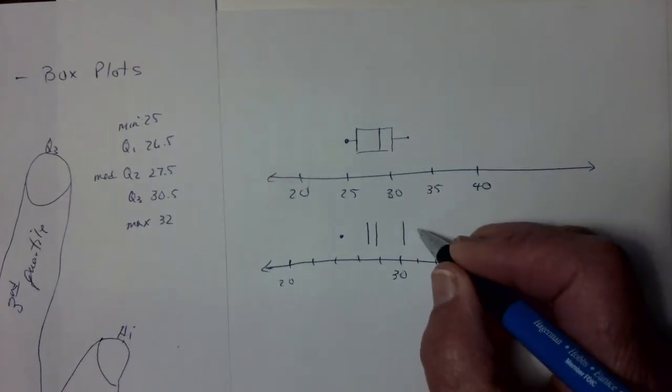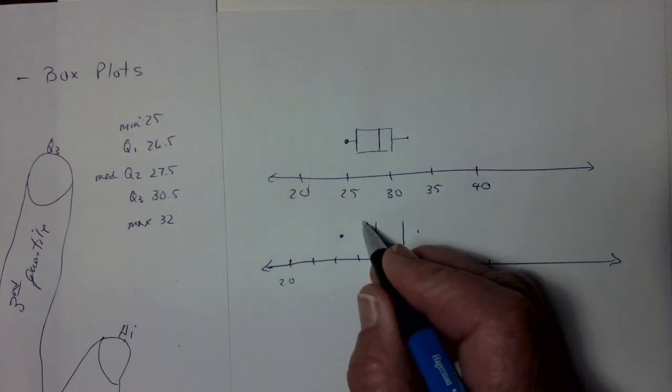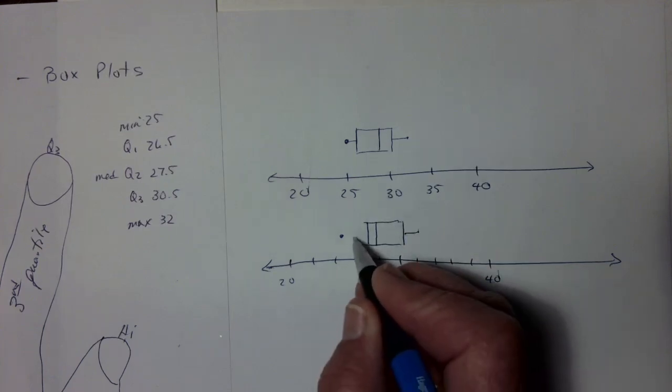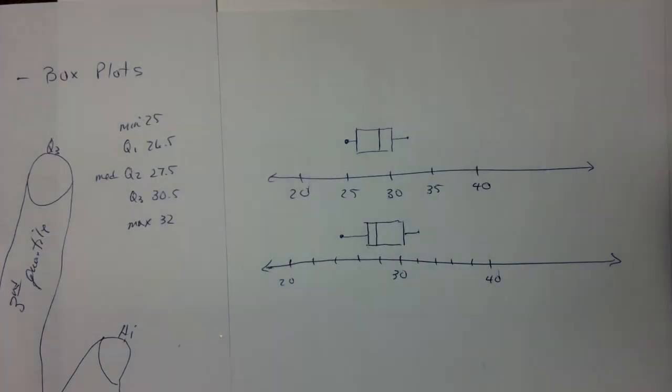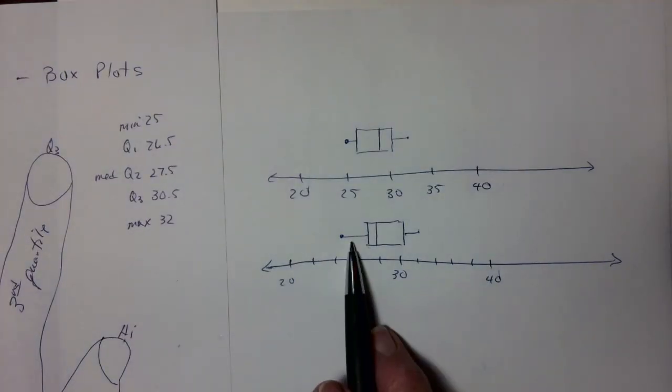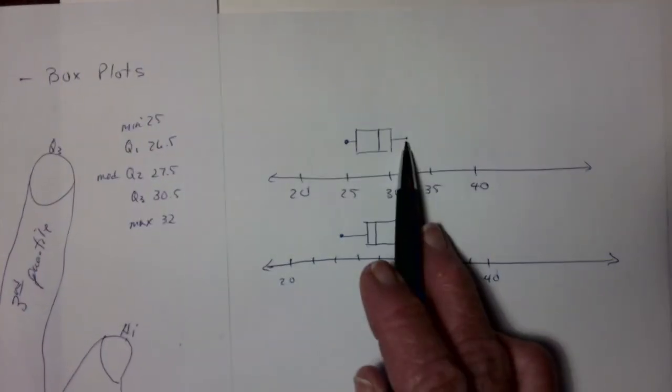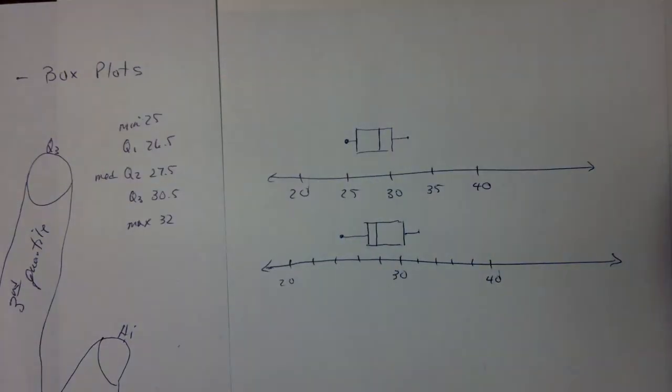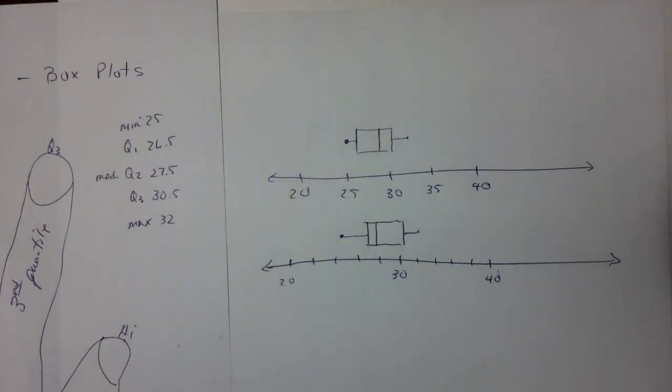And 32 would be right there. Didn't spread it quite enough still. Something's got to be a little wrong because this whisker looks longer than this one, and up here this one looks longer than this one. So it would be better if it was spread out further and we get more accurate results.